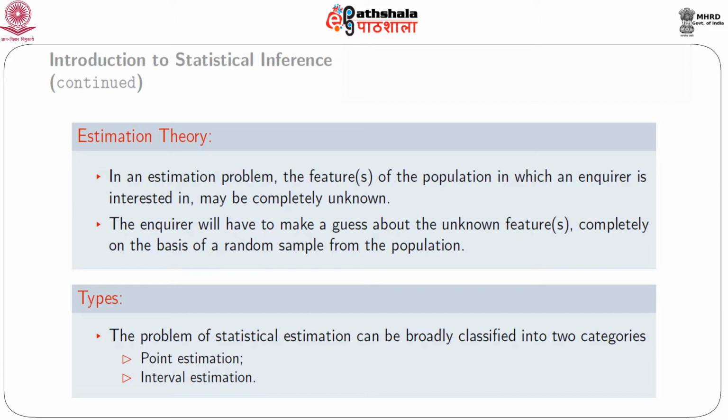The inquirer will have to make a guess about the unknown feature completely on the basis of a random sample from the population. The problem of statistical estimation can be broadly classified into two categories. One is point estimation and the other is interval estimation.